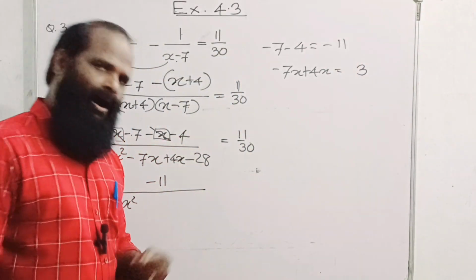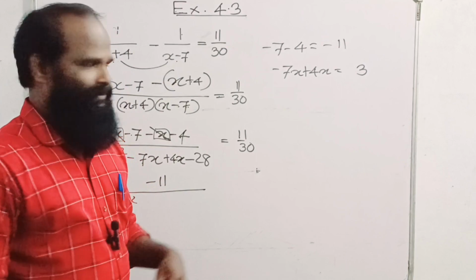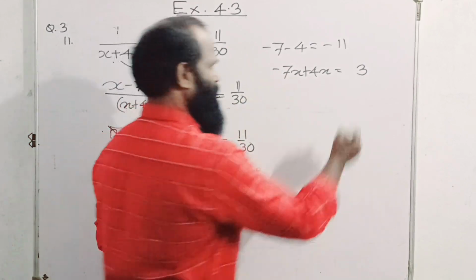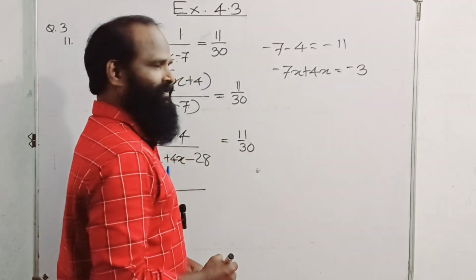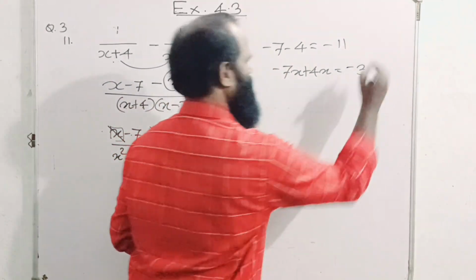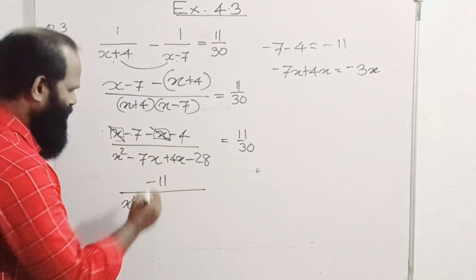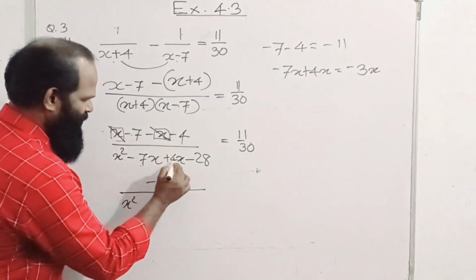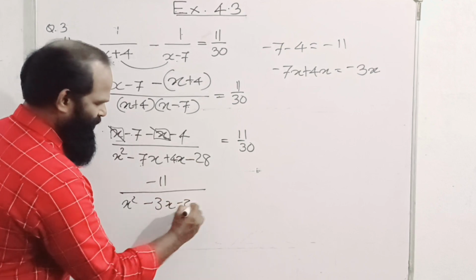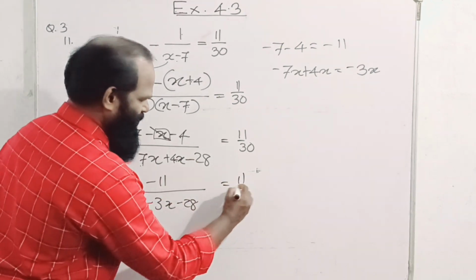And then put the sign of the greater number. Here the greater number is 7, its sign is negative, so we put negative. That means negative 7x plus 4x is negative 3x. So the result is negative 3x minus 28 is equal to 11 by 30.